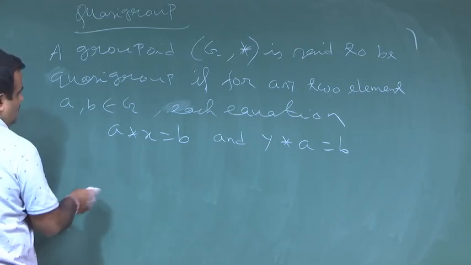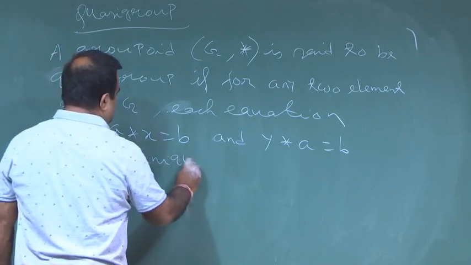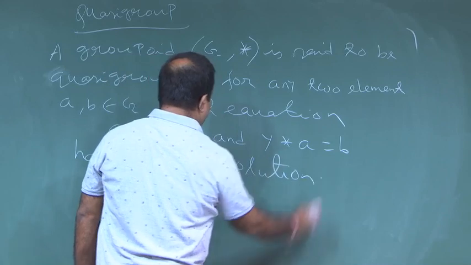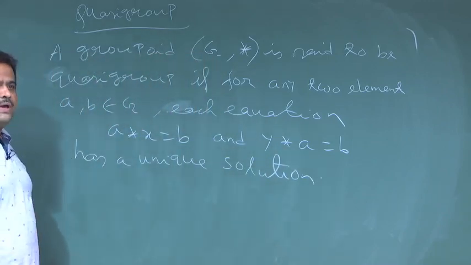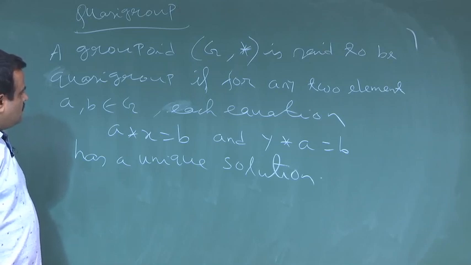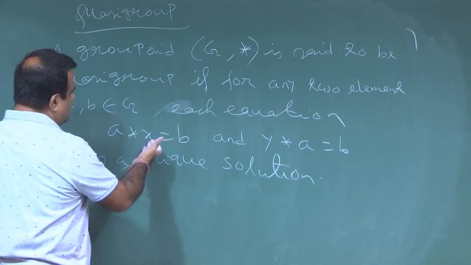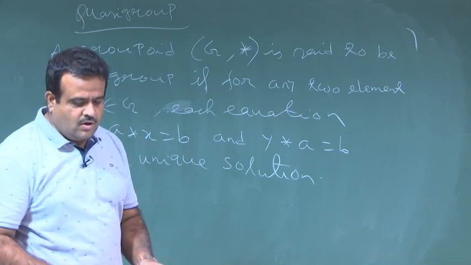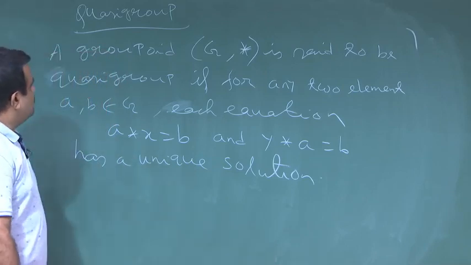So, that means they have a unique solution, then it is called a cohesive group. Okay. Now, if we take B to be E, then this will happen to be the inverse. So, from here we can get the concept of existence of inverse.